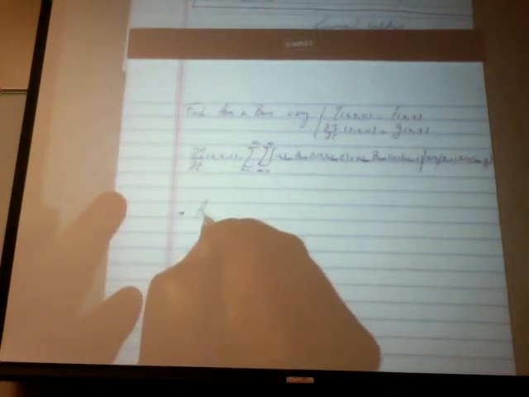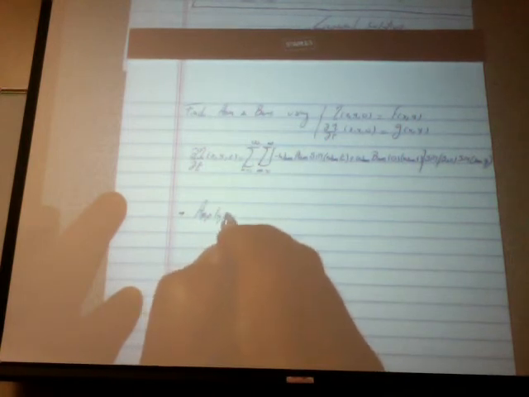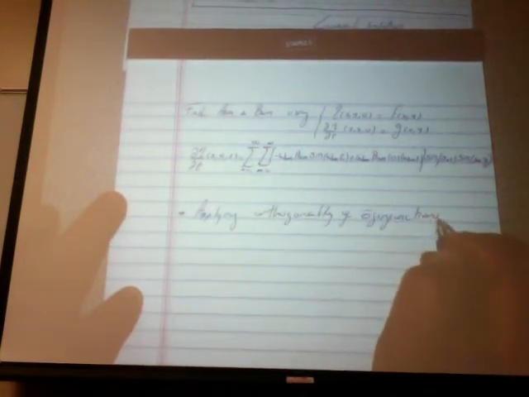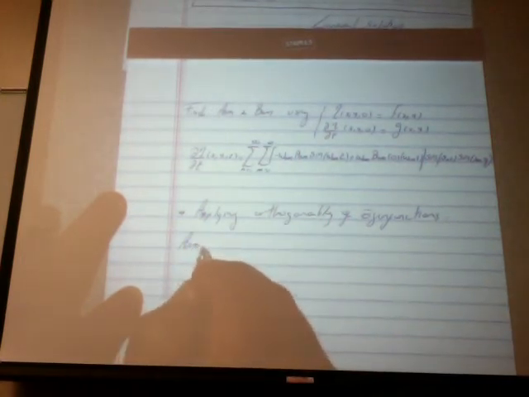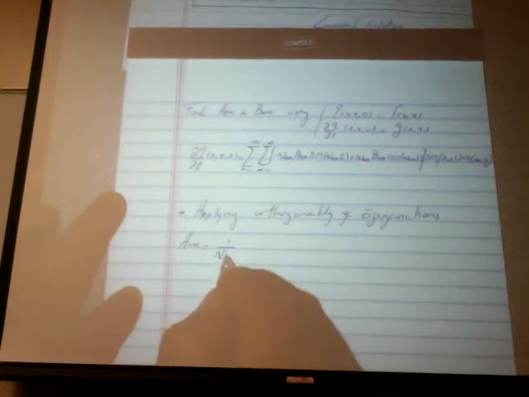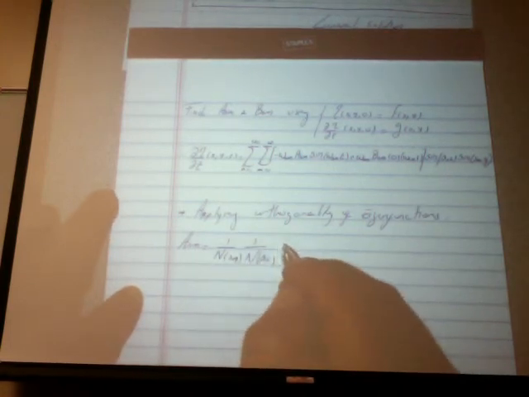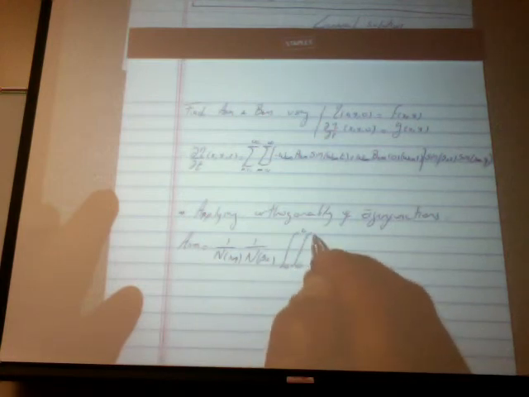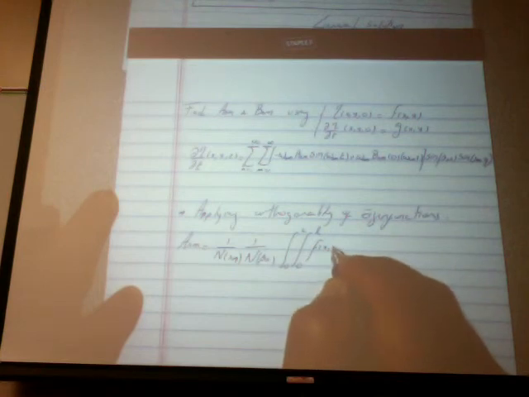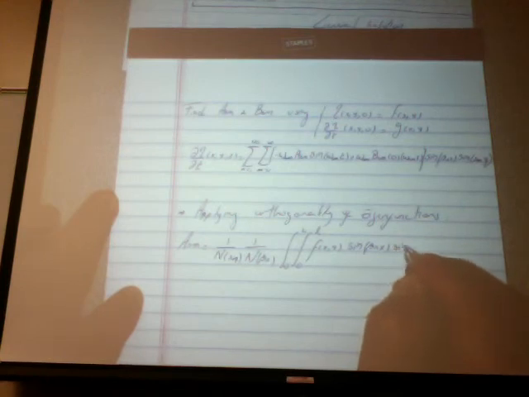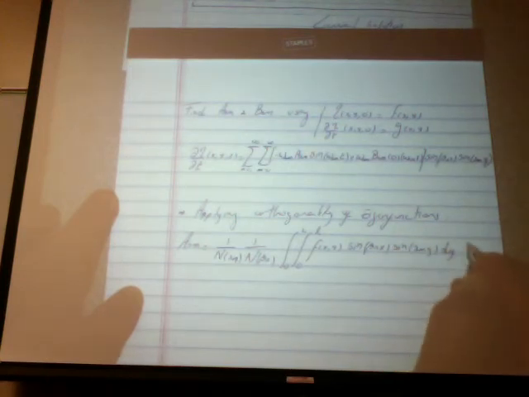Therefore, a nm, applying orthogonality of eigenfunctions, is equal to 1 over the norm of lambda m, 1 over the norm of beta n, the integral from 0 to L, the integral from 0 to L, f of x and y times the sine of beta n x sine of lambda m y dy dx.